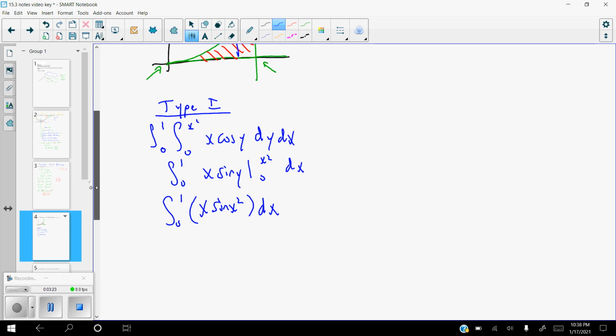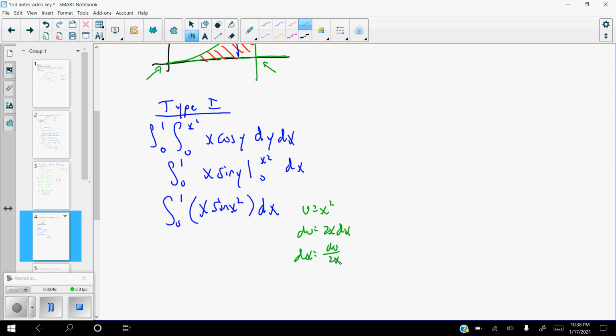Now in this case, it looks like we're going to have to do a u substitution. So u here is going to be x squared. That's our composite piece. du then will be 2x dx, and dx is going to be du over 2x. I'm going to go ahead and switch the bounds on this one. Again, I prefer to do that when I can.